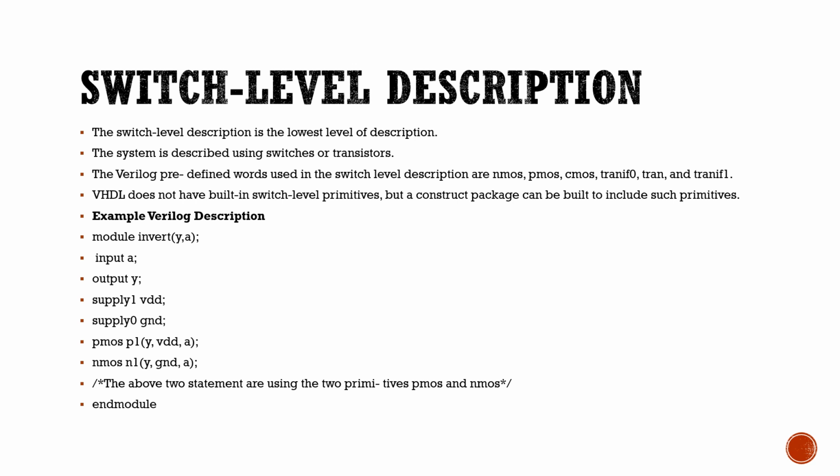Suppose the input is equal to 1, that is A is equal to 1, then the PMOS transistor will be in an off condition and the NMOS transistor will be in an on condition, so that the output is equal to 0, that is Y is equal to 0. Thus Y is equal to not of A. This is how the program is going to work.